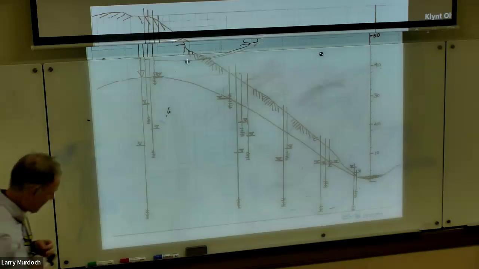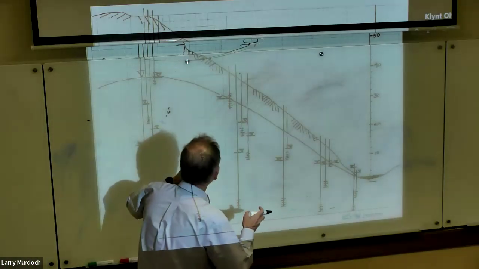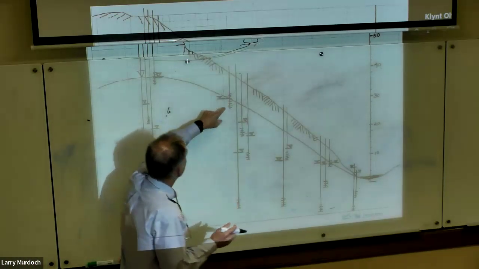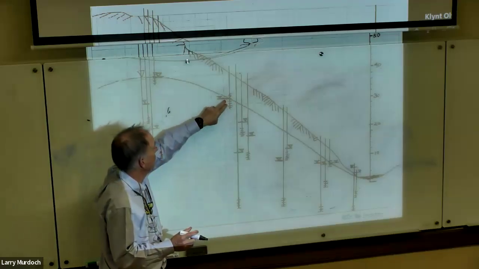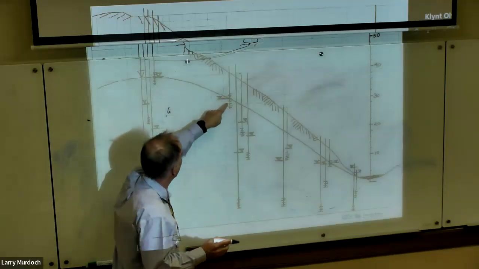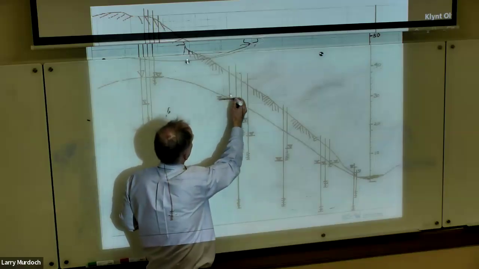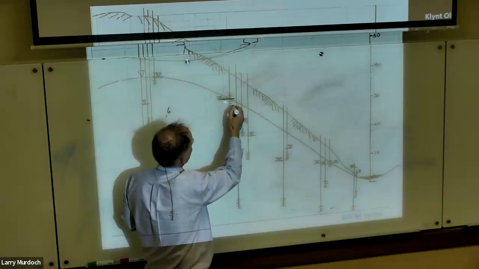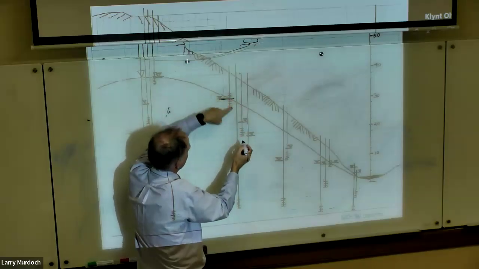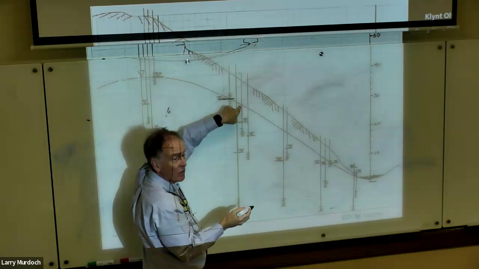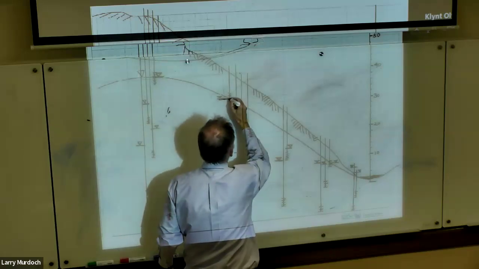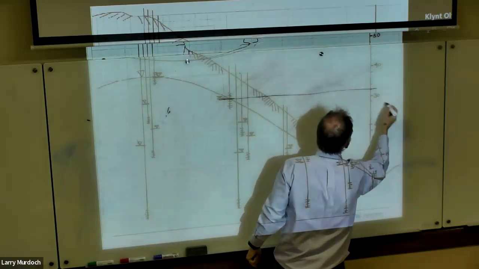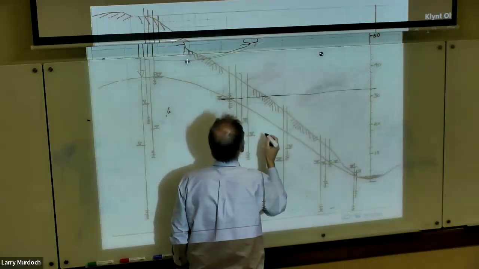Let's just go and do it. So let's start out at the water table. Okay, so here's the water level. This is the water table. So we have a screen here at the water table, and the water level is equal to the water table height. So the head here is like 32.